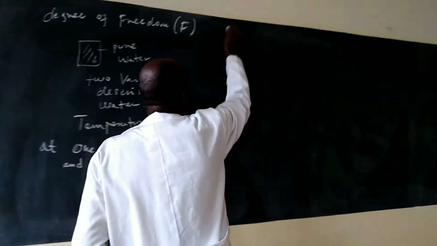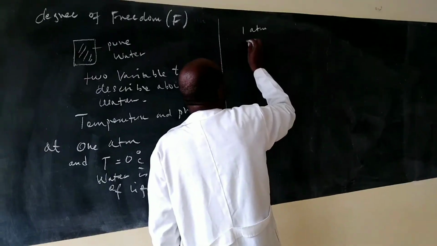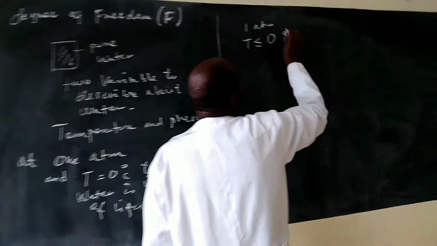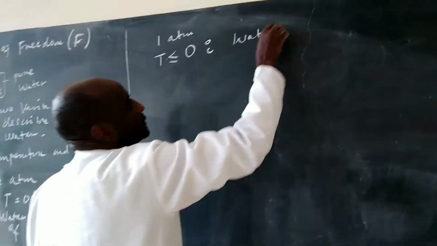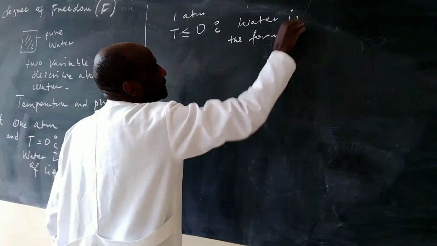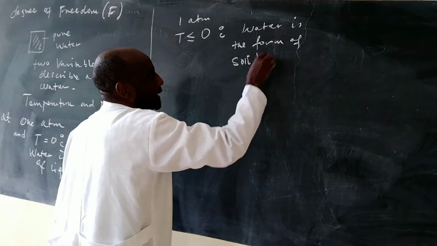And at 1 atm, again 1 atm, if the temperature is less than or equal to 0 degrees Celsius, it is a solid. Water is in the form of solid, that is ice.